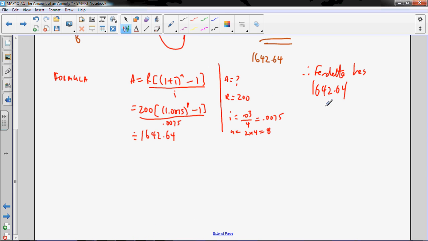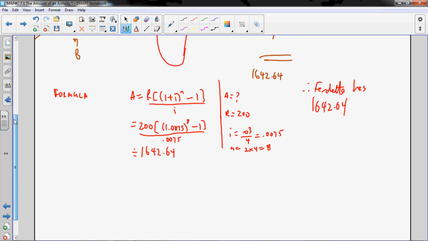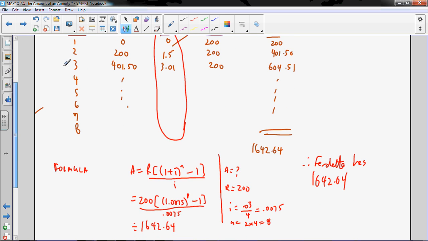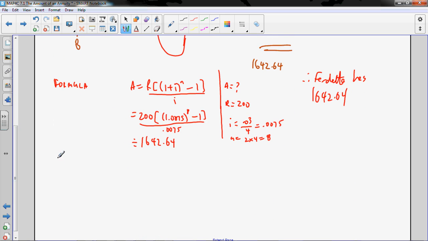Well, remember, of that 1642.64, a lot of it is her payments, right? Her payments were $200 a payment, but for 8 payments. So I can get the interest: it's the amount at the end, subtract the payments that you made.